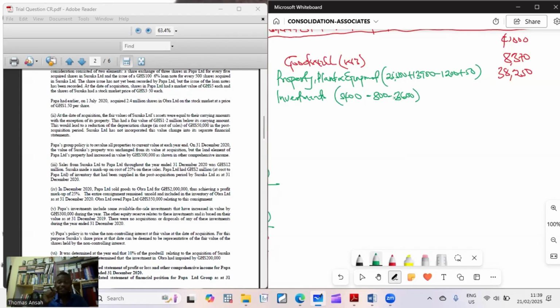Then they also recorded the purchase consideration of the loan. It was already there. So those two are there. And so you get the difference of the investment. And we are told that this difference that will be left, so that will be 3,600 plus 800. That is 4,400. So if you take 5,400 minus that, that is 1,000.